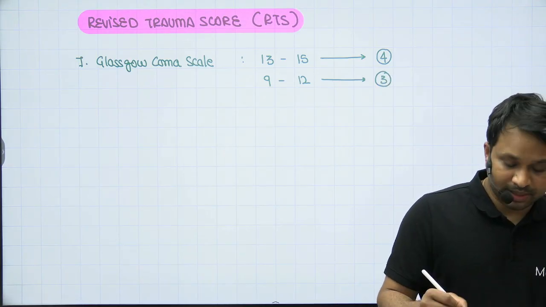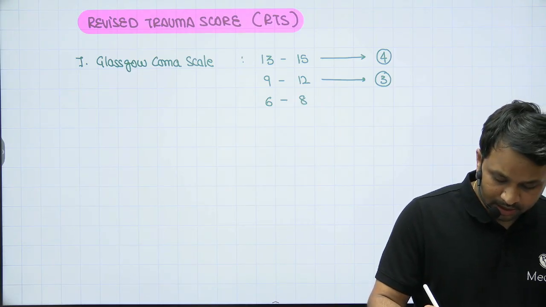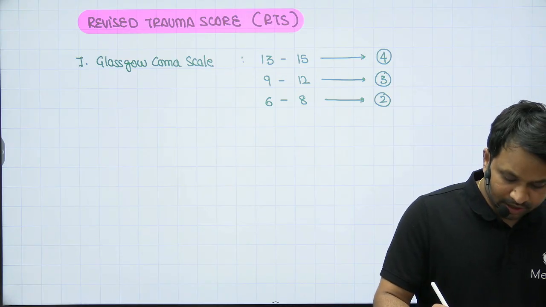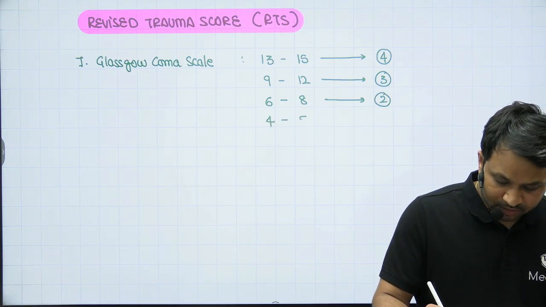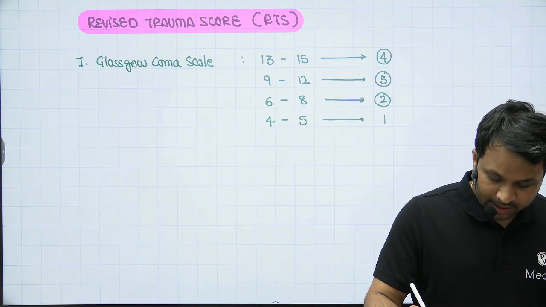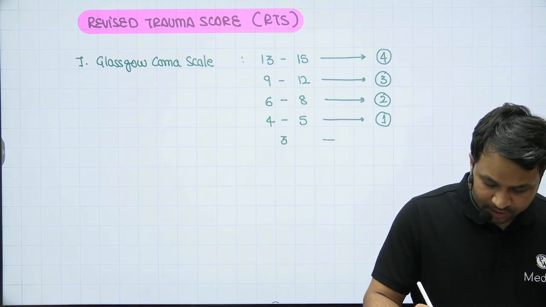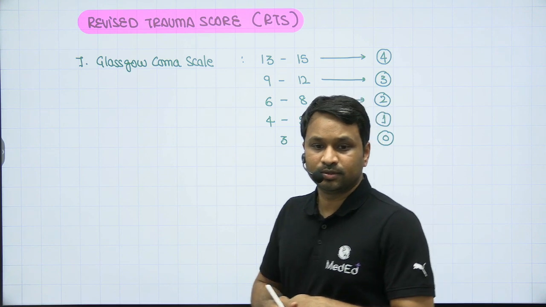If it is between 6 to 8, a score of 2 is given. If it is between 4 to 5, a score of 1. And I said the minimum GCS possible is 3. If a GCS of 3 is given, a score of 0 would be given, right?